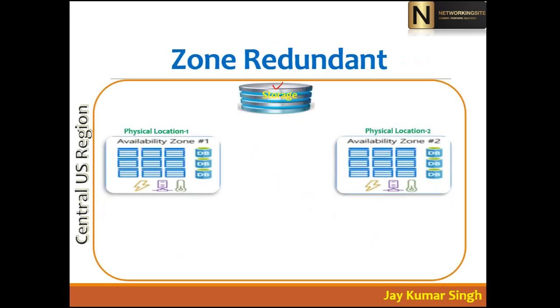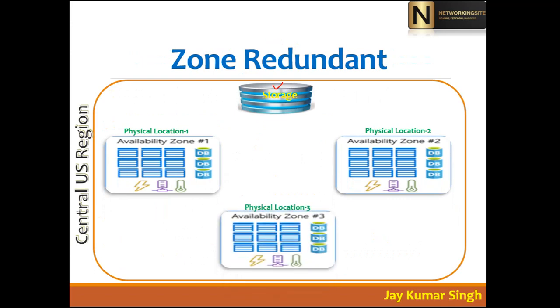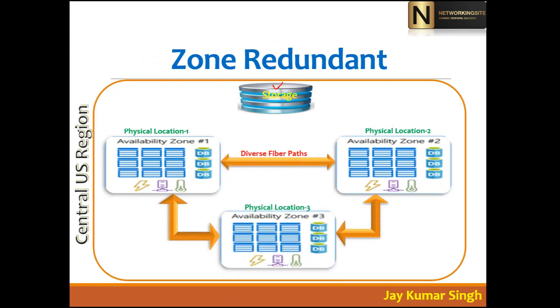So here I'm taking the example of a storage. Suppose I want to create a storage, and all the availability zones are connected with diverse fiber paths. When I created a storage, I just selected zone redundant. So automatically Azure will put your storage in physical locations like zone 1, zone 2, zone 3.